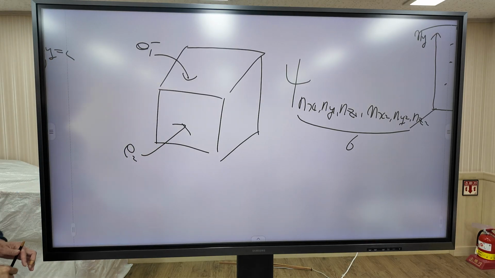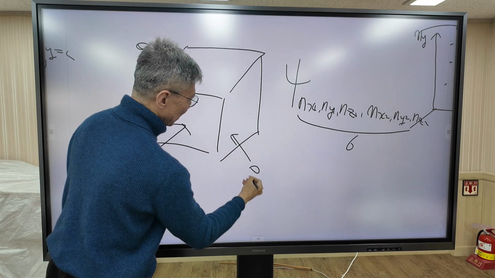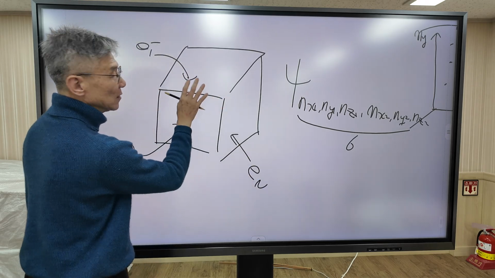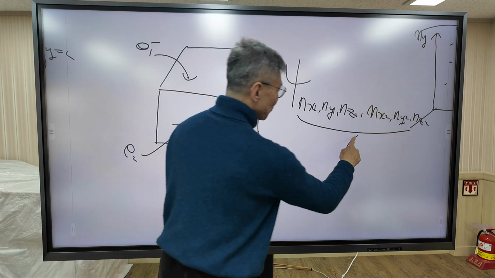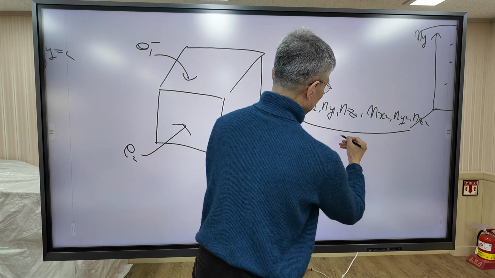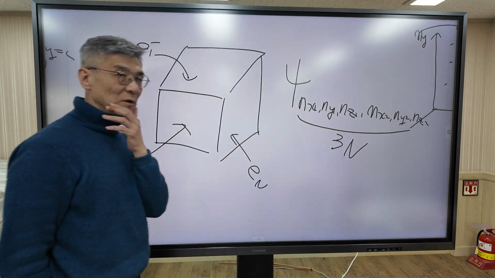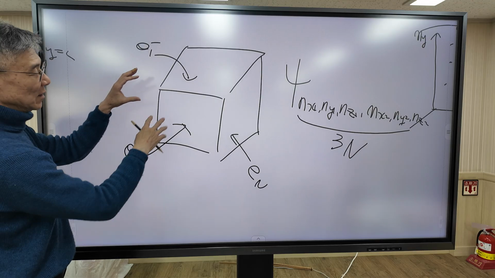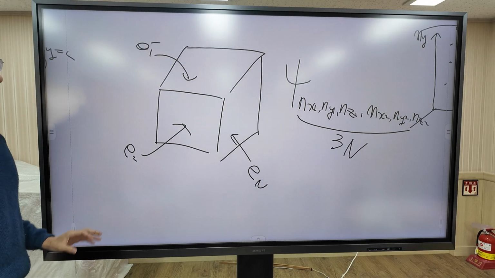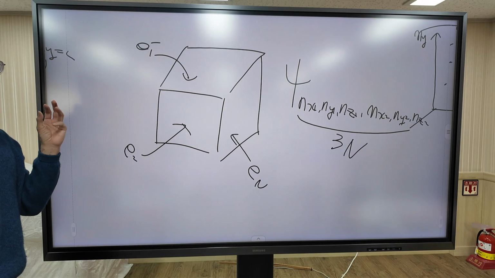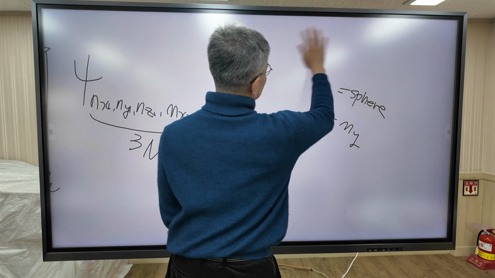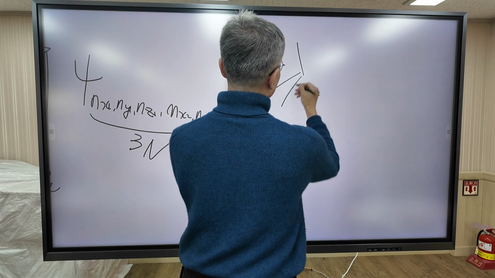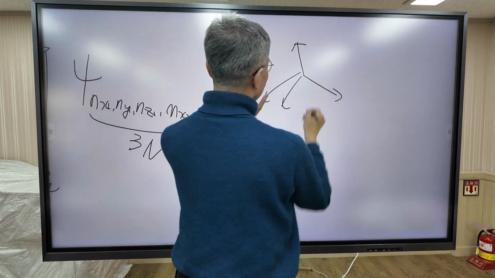Now to generalize this, suppose n electrons are placed in the box. How many quantum numbers are needed to represent the quantum mechanical state? Definitely 3n quantum numbers are needed to represent the n electrons. So just imagine a 3n-dimensional space.